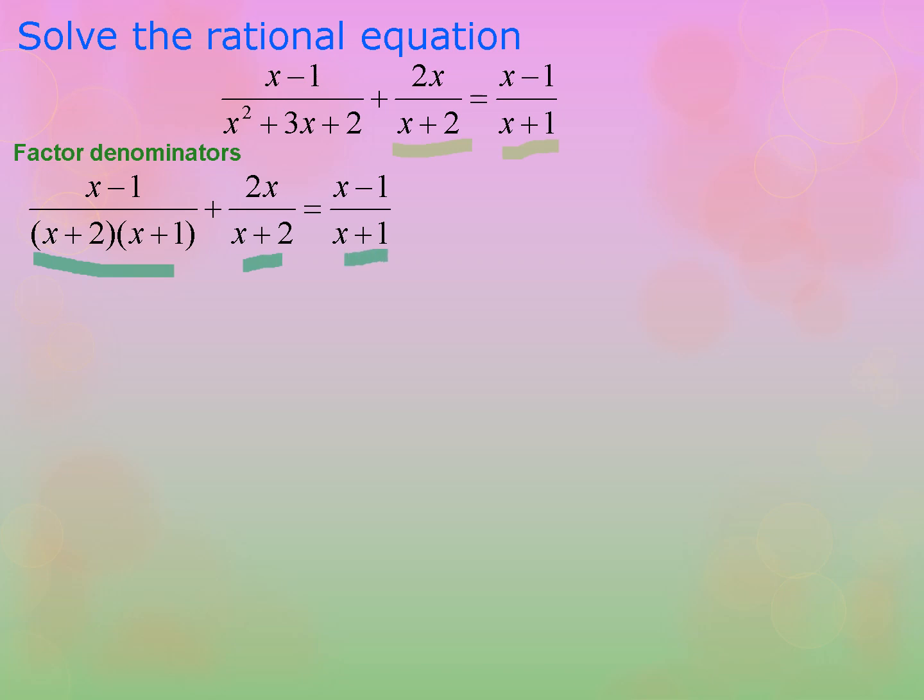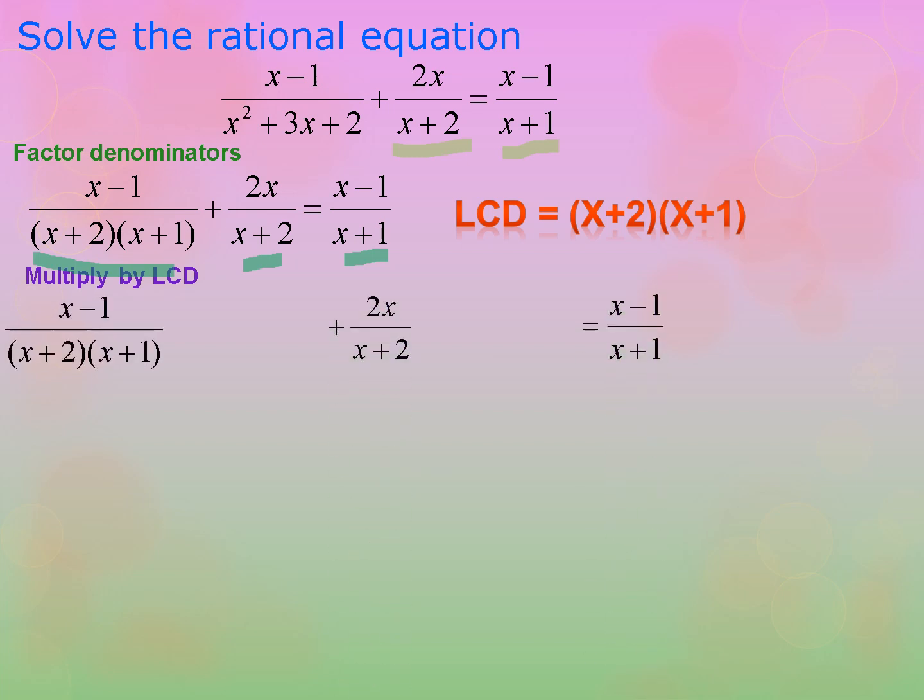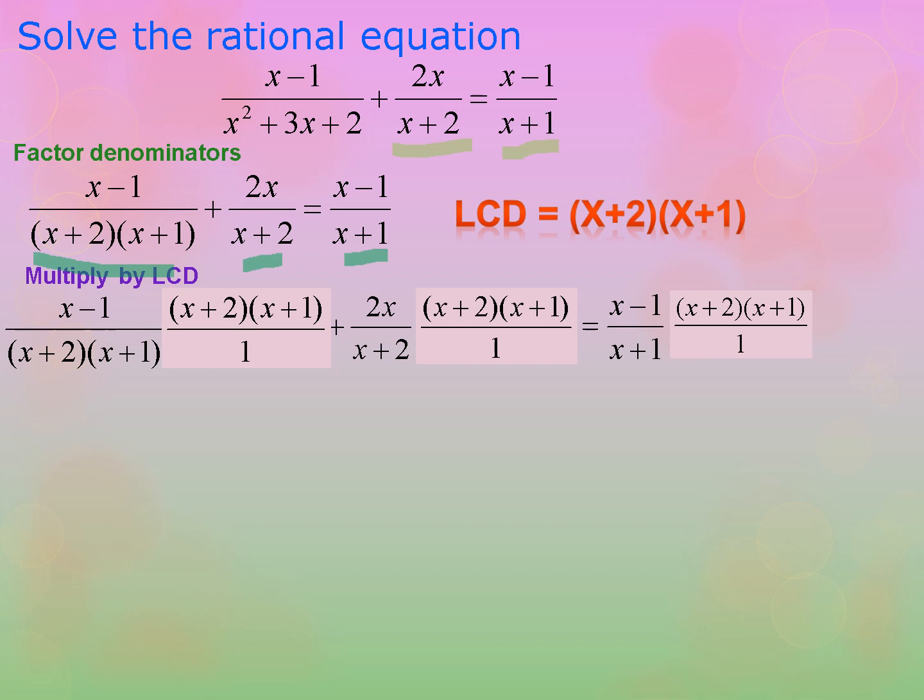So my LCD is going to be (x plus 2) times (x plus 1). Now, one more example of clearing the fractions. So I'm going to multiply each term by the LCD over 1. So (x plus 2)(x plus 1) over 1 to each term.